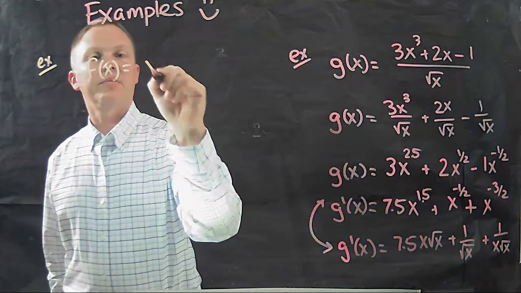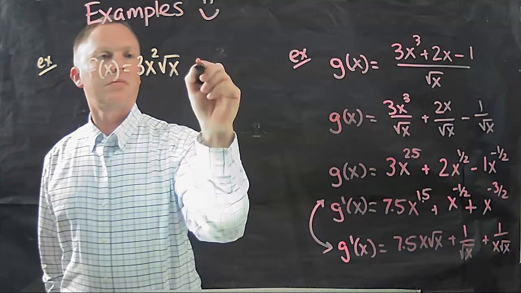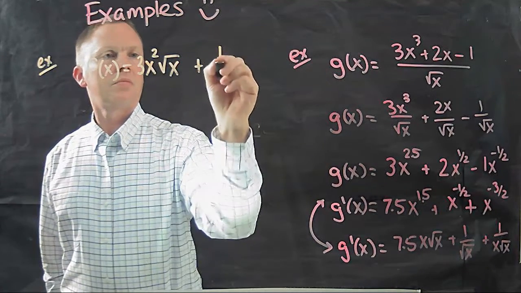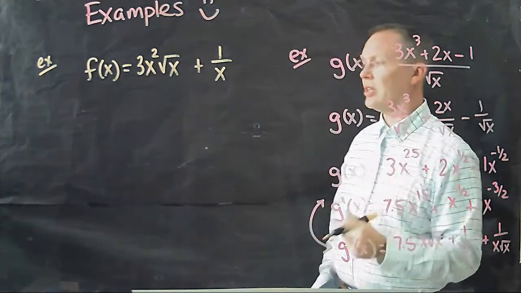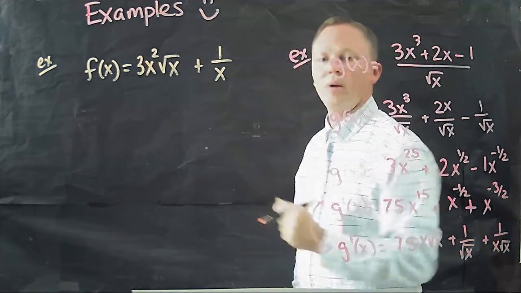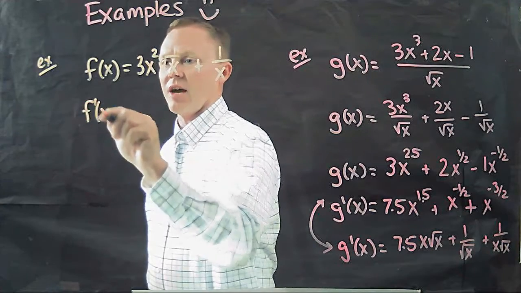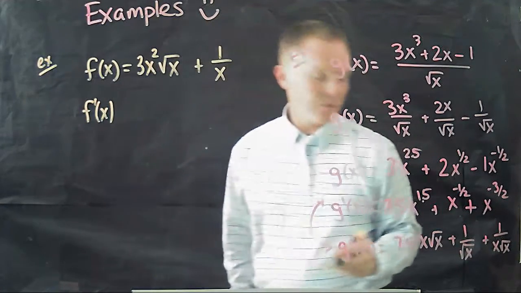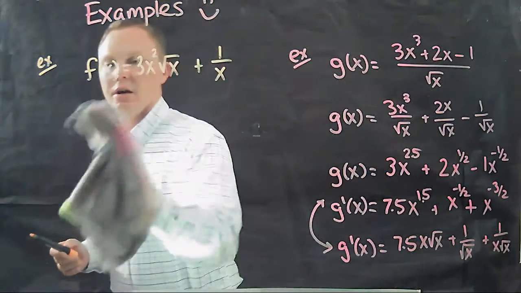What's this derivative? 3x squared radical x plus 1 over x. Tell me what the derivative of this is. So what is f prime of x? That's what we're after. Okay, what's that function that gives you the slope of the tangent at any point?